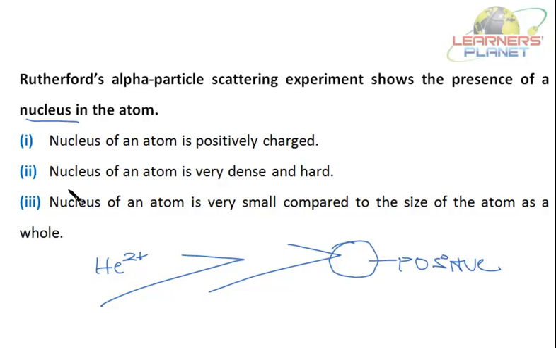Again, the nucleus of an atom is very dense and hard, otherwise they would not have rebounded; some of the rays would have passed through it. The nucleus of an atom is very small compared to the size of the atom as a whole. Why so? Because most of the rays passed straight.